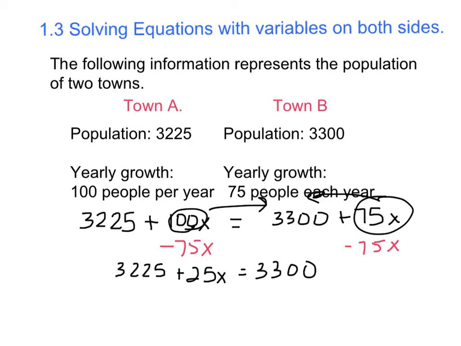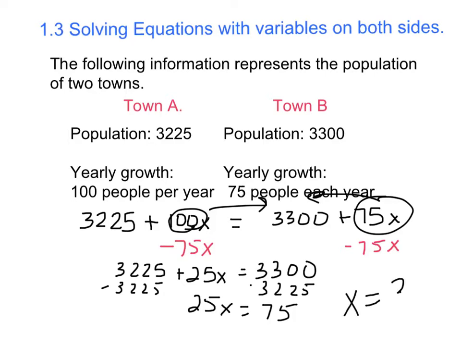We want to subtract 3,225 on both sides. That would leave us with 25x equals 3,300 minus 3,225, which is 25x equals 75. We divide both sides by 25. That gives us x equals 3.